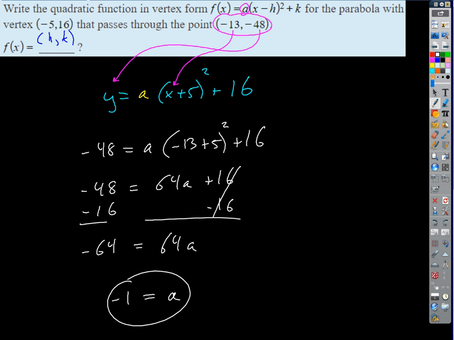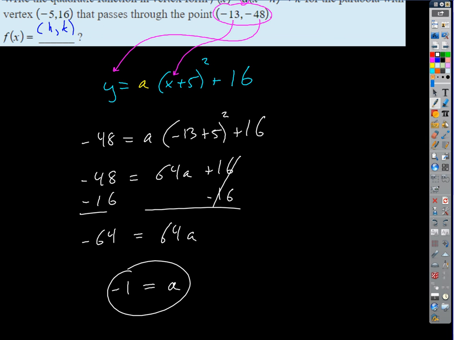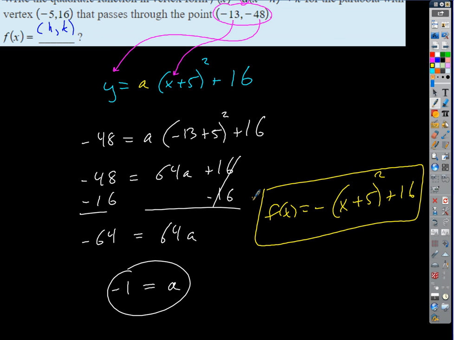So now we got everything we need. We got h and k, and we got a, and so the answer is f of x equals -1 times x minus -5 squared plus k, right? Get that? Okay, so that's doing it algebraically.